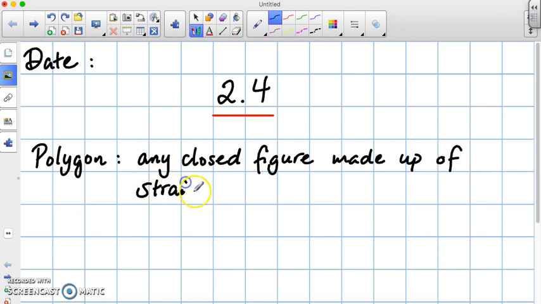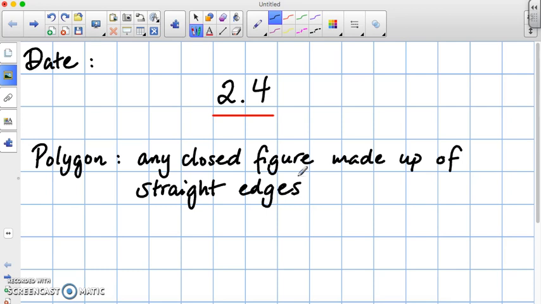Or I should say straight edges. So remember, anything like a circle can't be classified as a polygon. A triangle would be your minimum size of polygon because it's a closed figure made up of 3 straight edges.